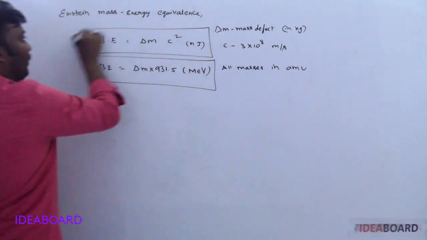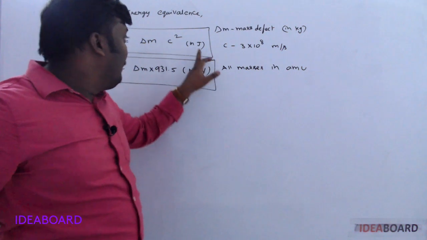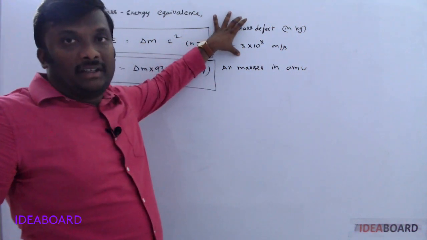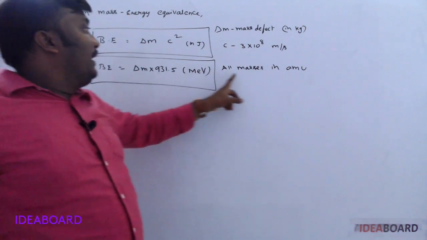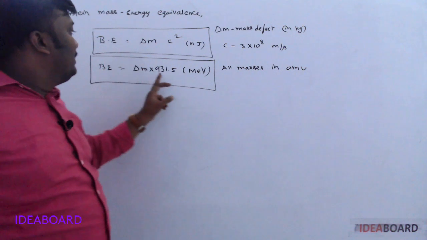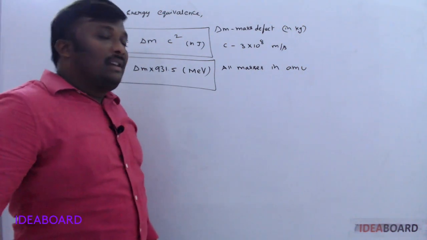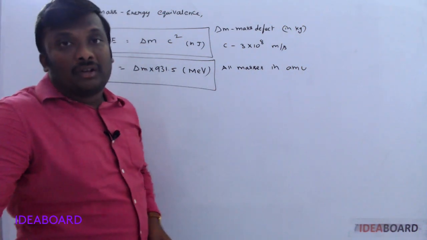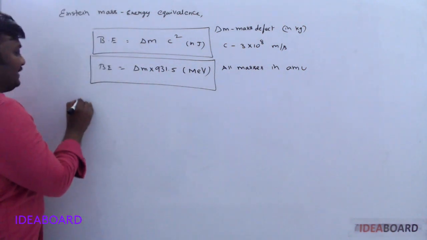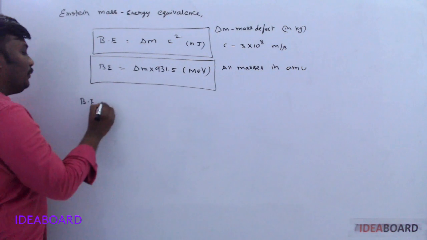So we are using two formulas here. One is in terms of joules, depending on the units of mass defect. And here, depending on units of masses in AMUs, the binding energy is in terms of million electron volts, MeVs.